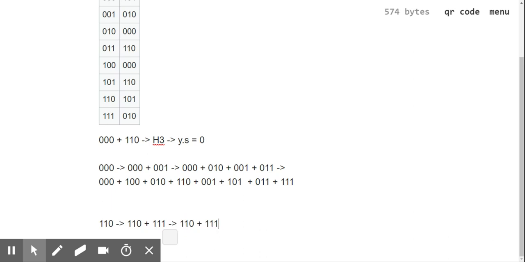Now this term turns into itself plus minus, because remember we're doing the second qubit now, and it doesn't turn into itself, it turns into this. Exactly.